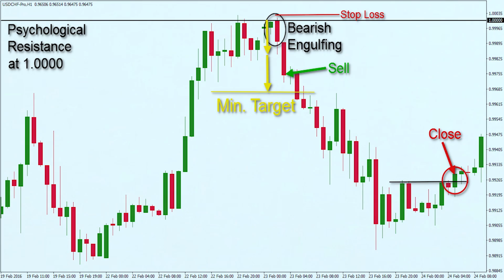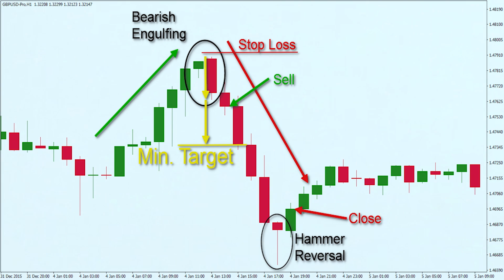So, in conclusion, mastering candlestick patterns is an essential skill for any forex trader. By understanding the psychology behind these patterns and incorporating them into a well-rounded trading plan, you can significantly improve your trading success. Remember to combine candlestick patterns with other technical indicators.